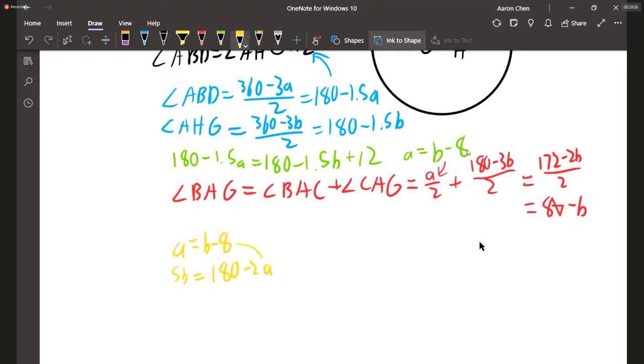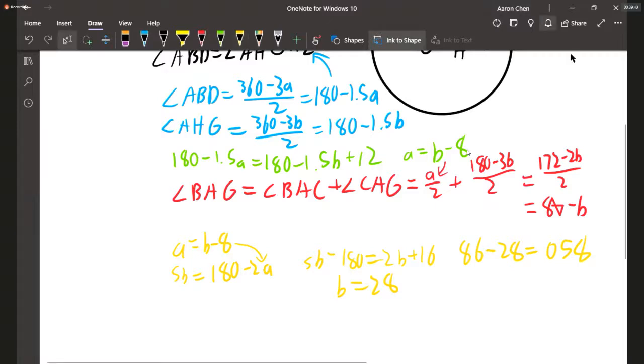You can plug this a in, and you get 5b minus 180 equals negative 2b plus 16. When you calculate this, you get that b is equal to 28. So the answer is 86 minus 28, which is 058, because AIMEs require leading zeros.